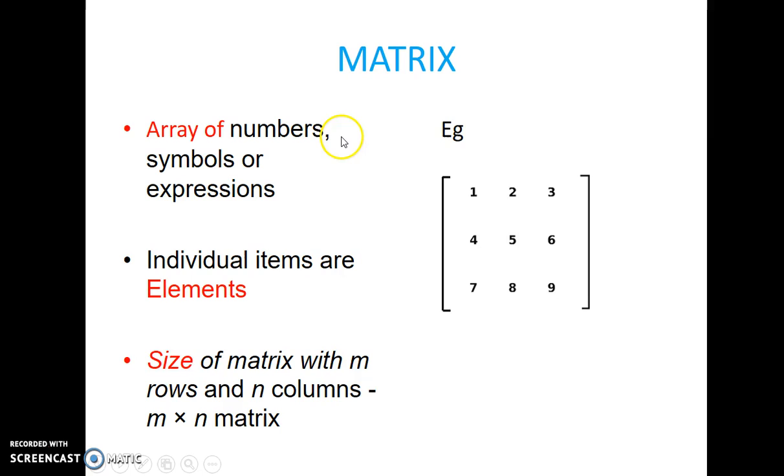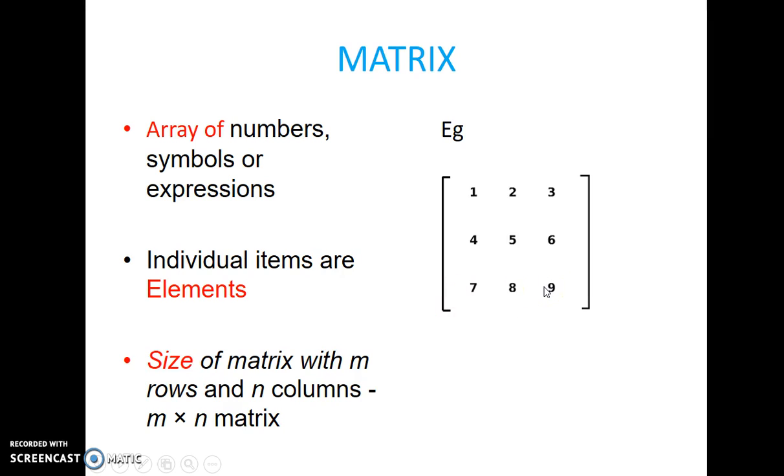Matrix. What is a matrix? Actually, a matrix is an array or arrangement of numbers, symbols or expressions using rows and columns. Now you see this is a matrix. Here 1, 2, 3 are numbers, and these are called elements of the matrix.